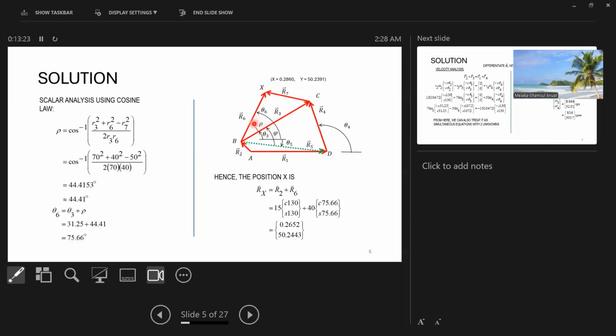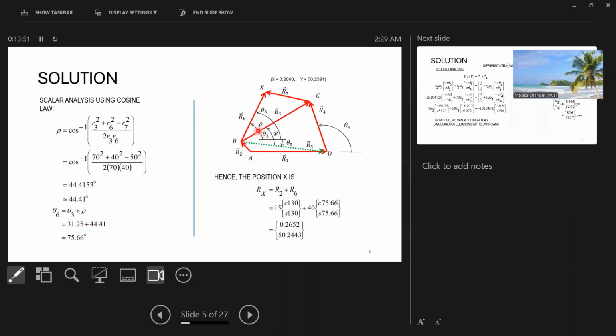If you want to get to point X, you can find angle rho. Rho in this case is between R3 and R6, and it is opposite to R7. R7 will be in the negative part, R7 squared. Plug in those values, and that gives us 44.41 degrees.